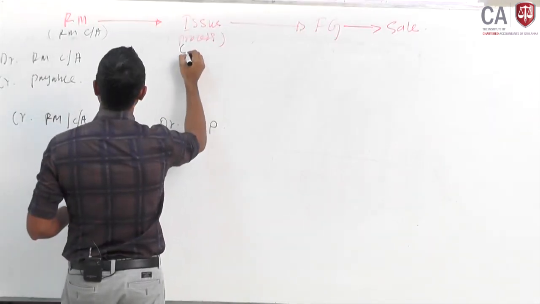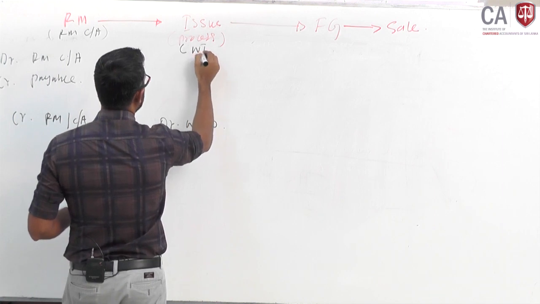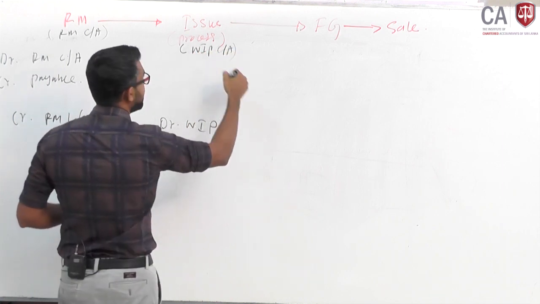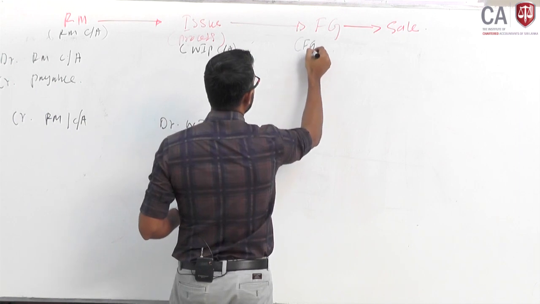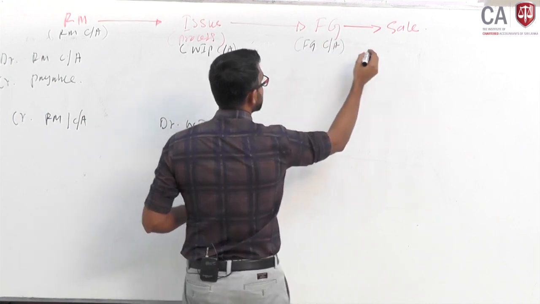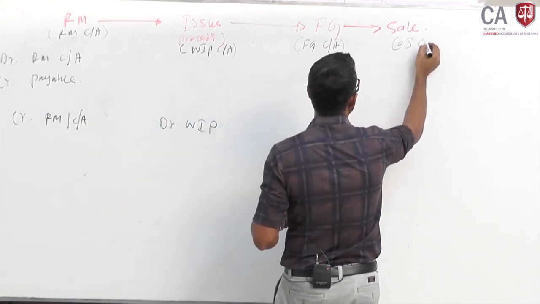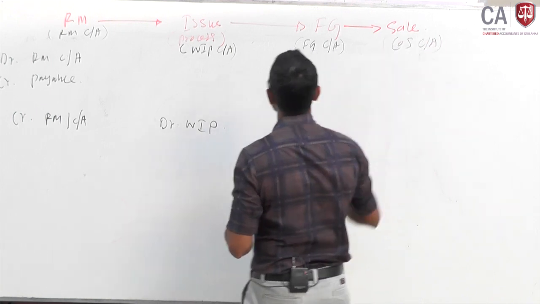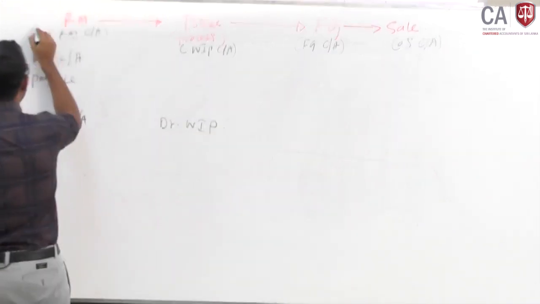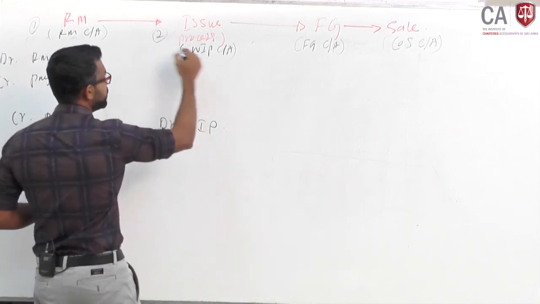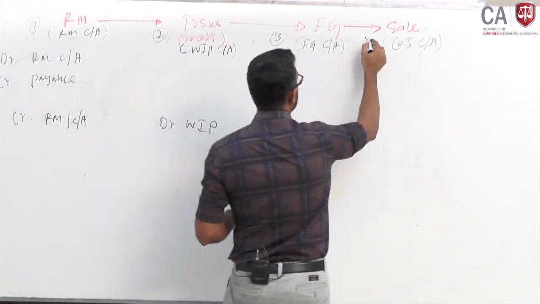Issuance you will record in the WIP control account. Here FG control account. Here cost of sale control account. 1, 2, 3, 4.